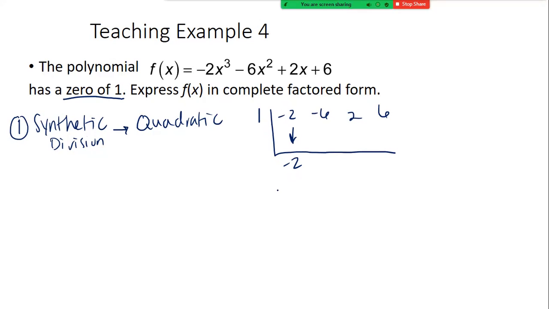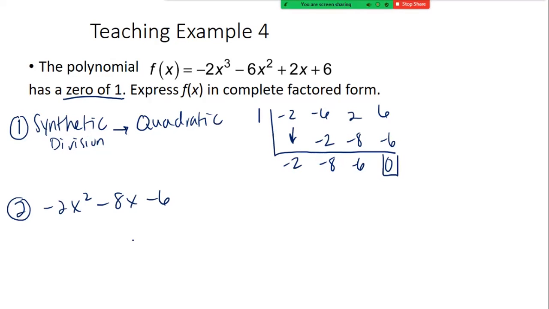I'm assuming that we're comfortable with synthetic, so that's why I'm going to go. 1 times -2 is -2, and -6 and -2 make -8. 1 times -8 is -8, and 2 and -8 make -6. 1 times -6 is -6, and 6 and -6 make 0. So therefore, I'm now left with the quadratic of -2x squared minus 8x minus 6.